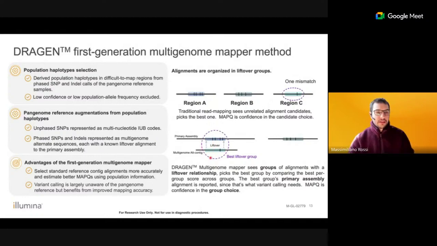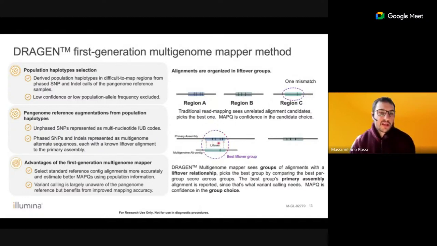And where is this going to help? Well, the confidence score would now be computed only on the best alignment in each liftover group. This is the first thing: the MAPQ would be improved and the confidence would be higher. The second advantage is that we can then report the alignment for each liftover group only on the primary assembly.